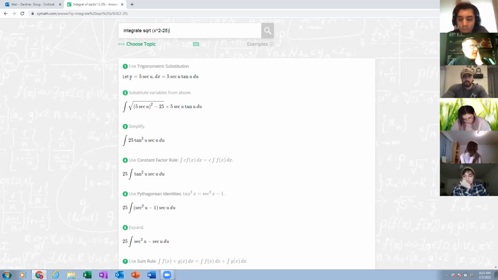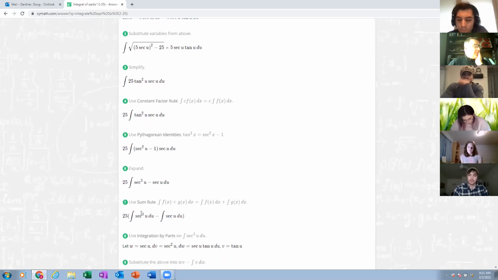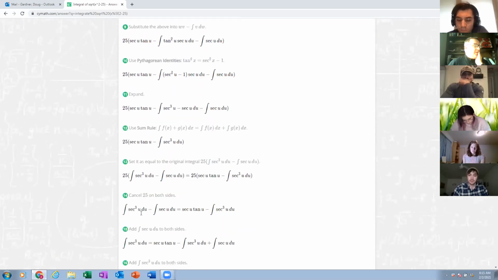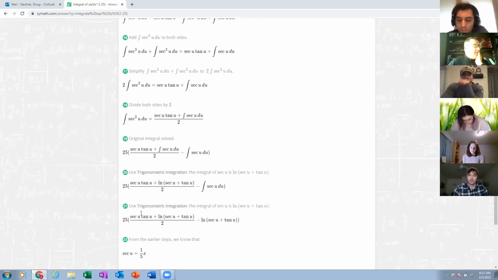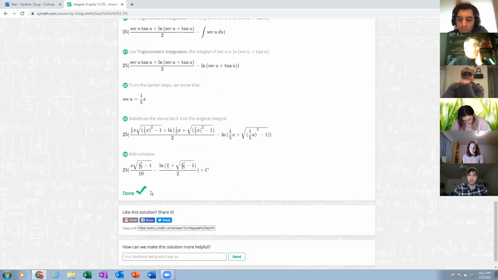And so if x was 5 secant u, then dx would be 5 secant tangent. Do you remember that the derivative of secant is secant tangent? You probably don't, but it's on your note sheet. And then step 1, step 3, step 4, step 5, step 6, 7, 8, 9, 10. Wow, this is a hard problem all the way down to, good Lord, this is a huge problem. All the way down to 24.